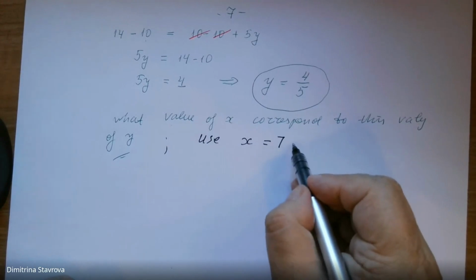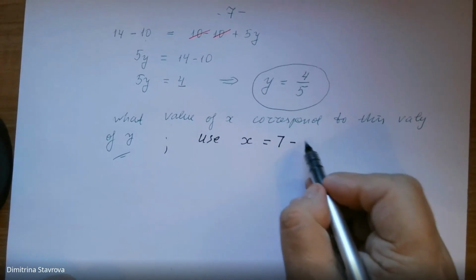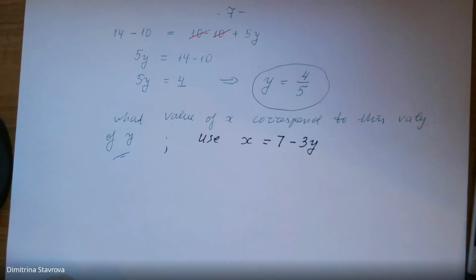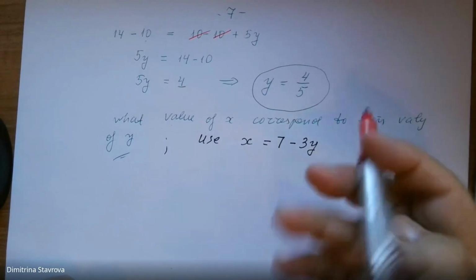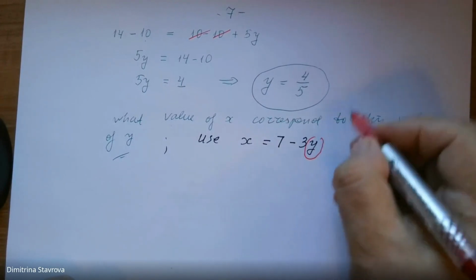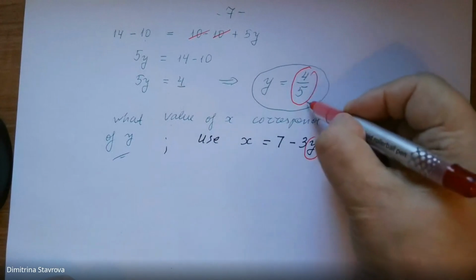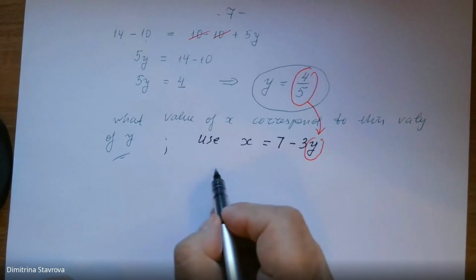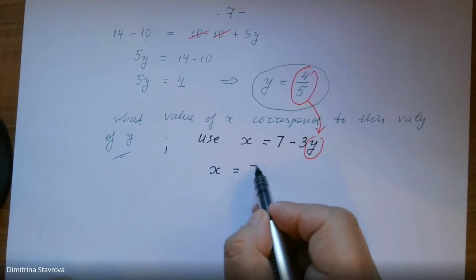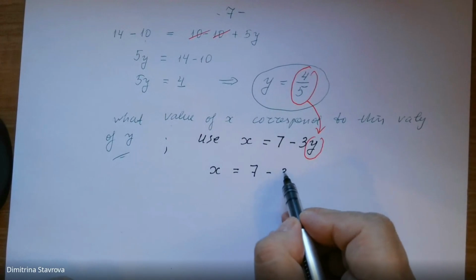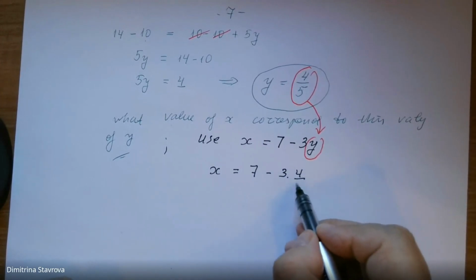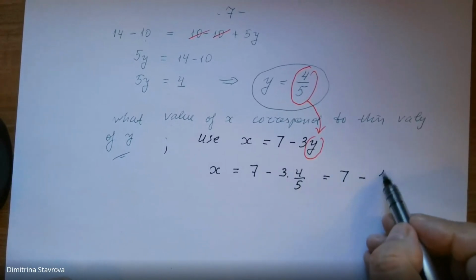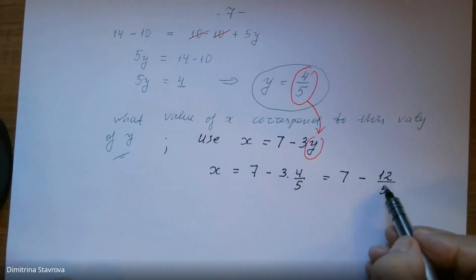So we did, and we found that x is equal to 7 minus 3y. So now we should replace y with the value we obtained, and in that way we get x is equal to 7 minus 3 times 4 fifths, or 7 minus 12 fifths.